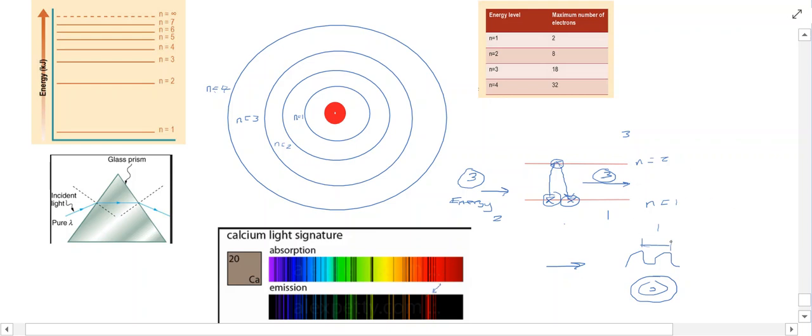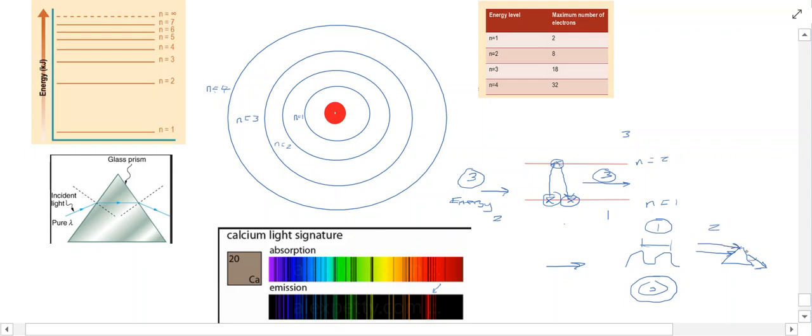Now, let's say this wavelength is 1. When this light of wavelength 1 goes into a prism, it's going to be diffracted at a very specific angle that is related to its wavelength. Let's say we have another wave coming in here with an energy value of 2.